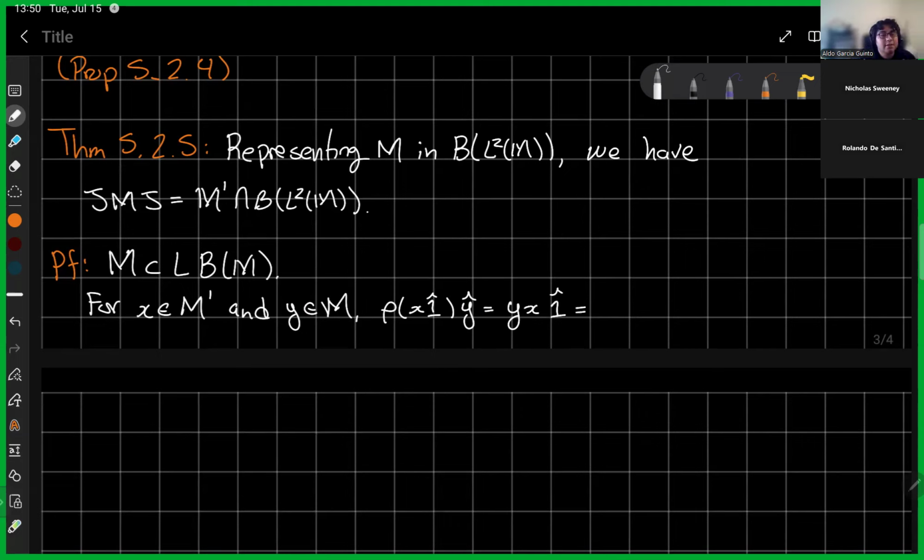But y and x commute, so we end up getting x y hat. Notice that I had to write x 1 hat because we don't really know what that vector looks like.